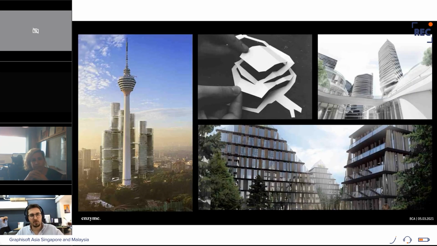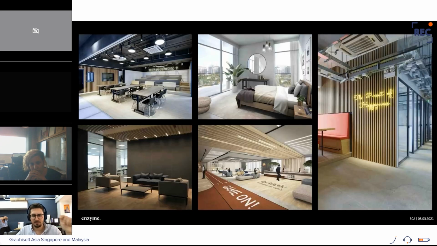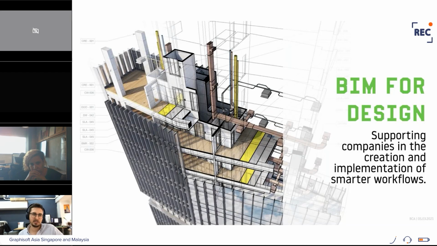So from urban design projects to architectural scale, competitions, residential buildings, museums, to interior design, we can really leverage the power of information and the power of automation that Archicad brings into the architect's everyday practice, and this really helps us to focus on what is important, which is the ideas, the design.